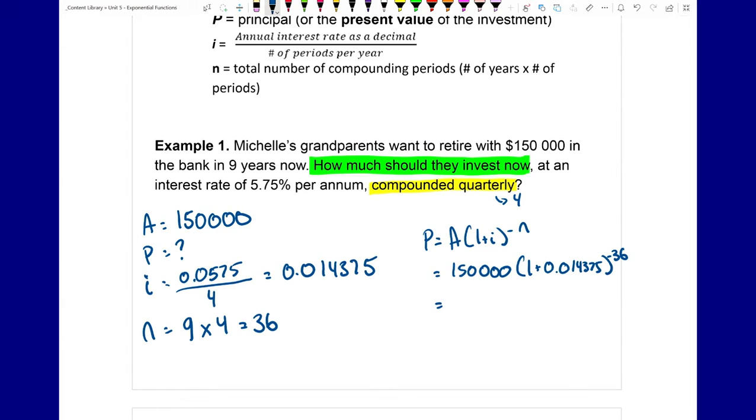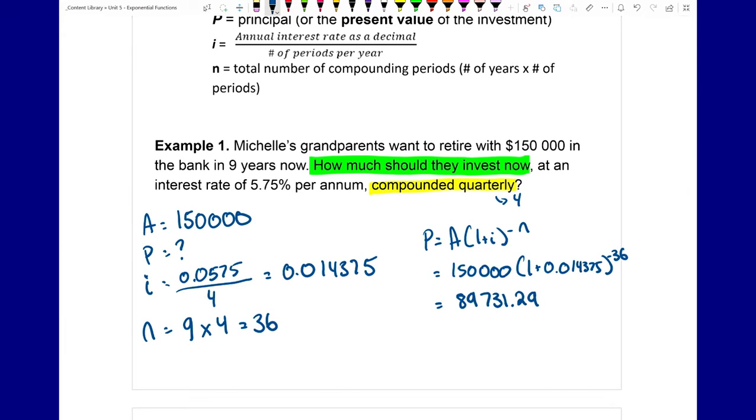Now this is just a calculation that we can do in our calculator. It might take multiple steps depending on how comfortable you are with your calculator. One thing you can look for is that you should have a number smaller than your A value. If we calculate it, we should get $89,731.29, rounding to 2 decimal places.